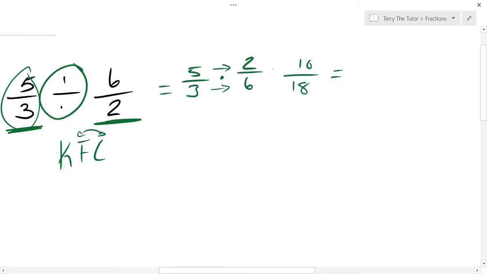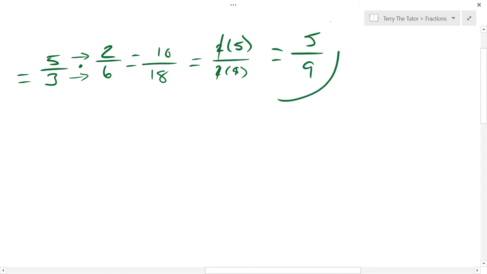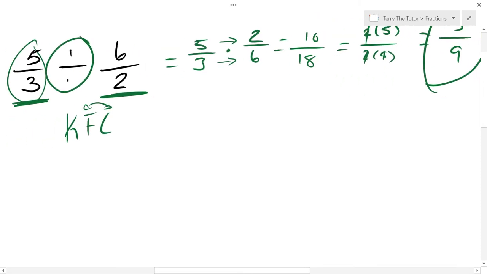I can simplify that by factoring out a factor of 2. 2 goes into 10 and 2 goes into 18. And now I'm going to cancel them. So I'm left with 5 over 9. Beautiful. Nice, clean, precise.